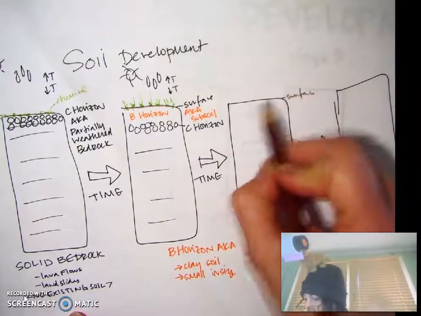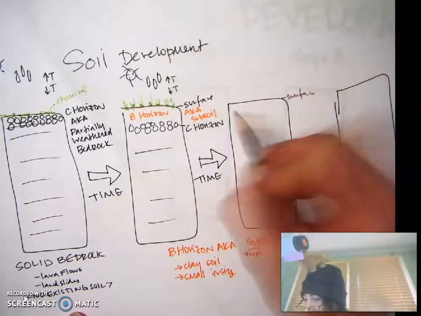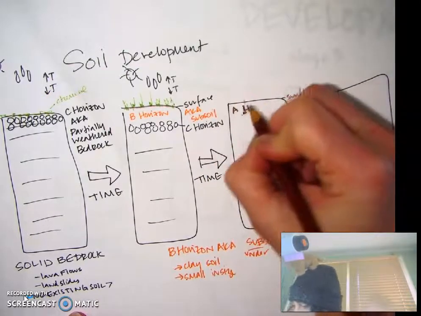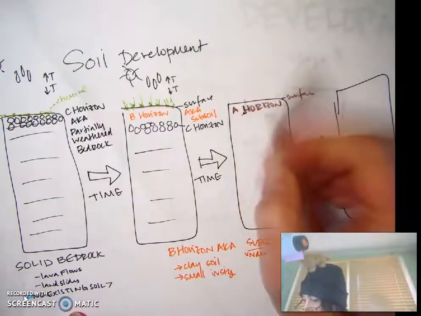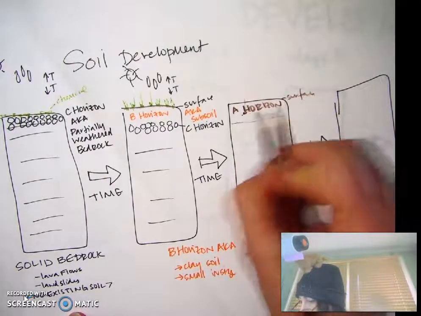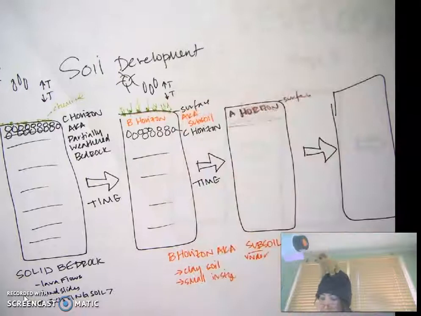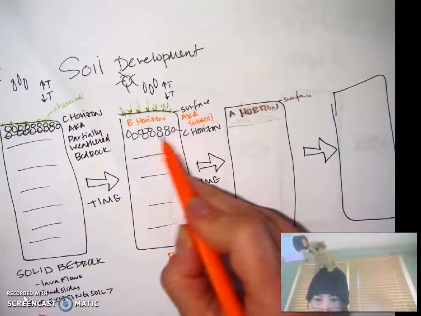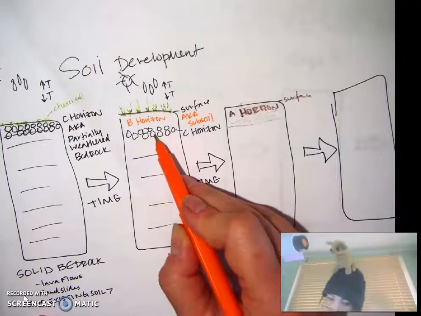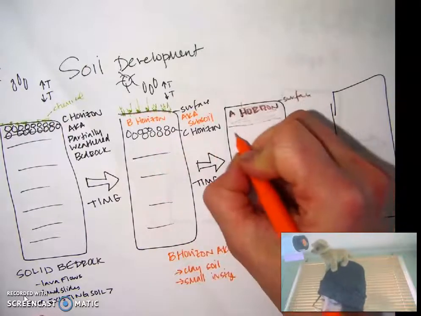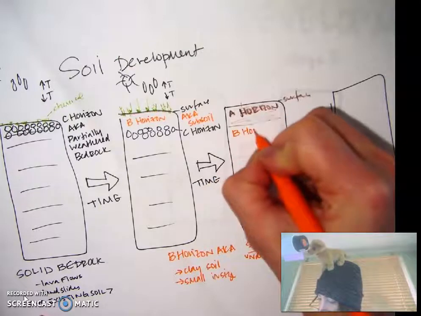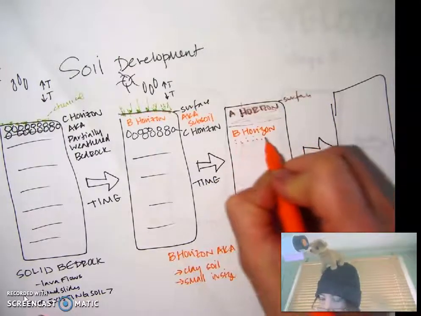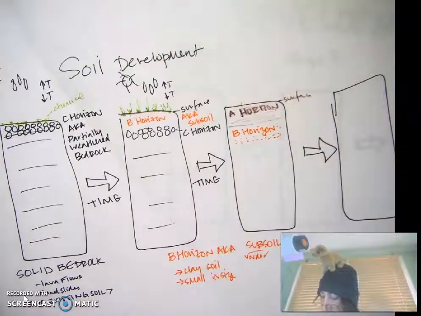So here we have A horizon, which is also known as topsoils, that start to form. And then we have, because this rock down here, this C horizon, partially weathered bedrock, has now weathered into B horizon subsoil. So we have clay down here, all these teeny little clay particles, right?